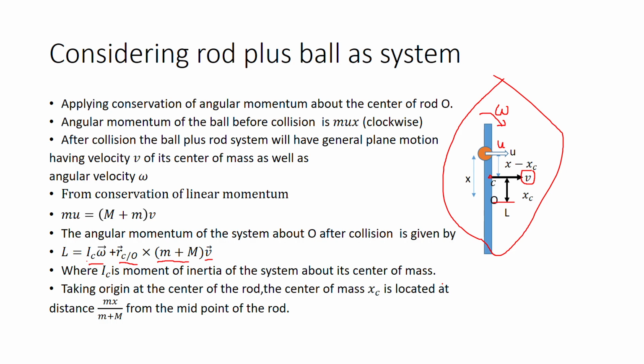Now if we take this as origin, then the center of mass you can calculate: xc equals m into x, where m is the mass of the ball and x is the distance from the origin, plus M into 0 for the rod, because we are taking the center of the rod as origin, divided by m plus M. M is the mass of the rod and small m is the mass of the ball.